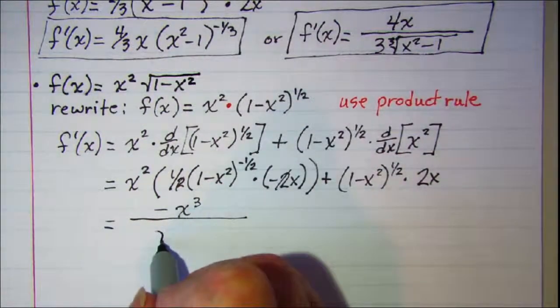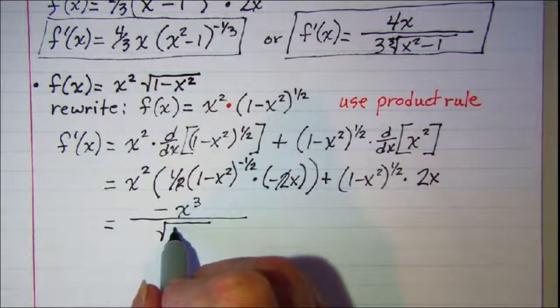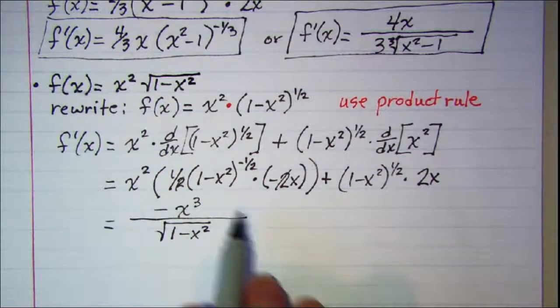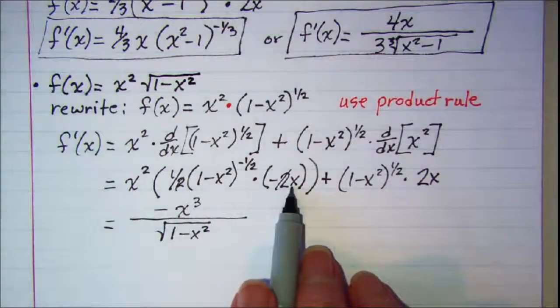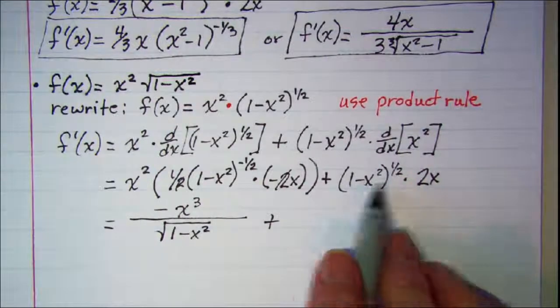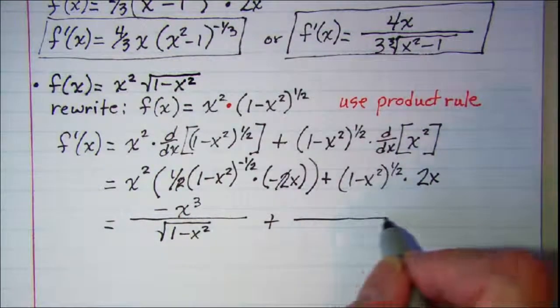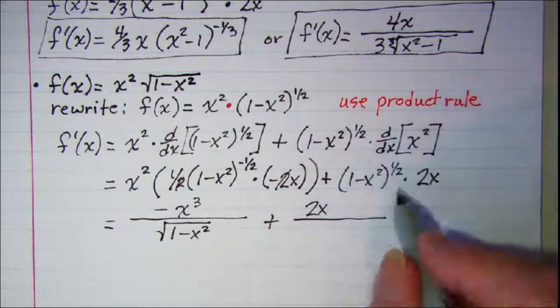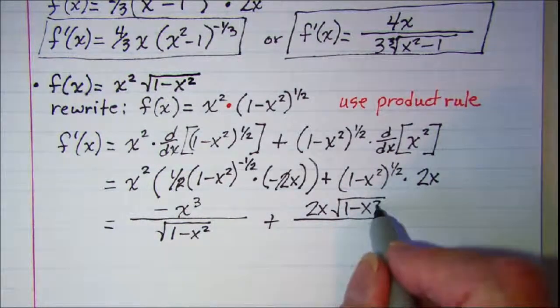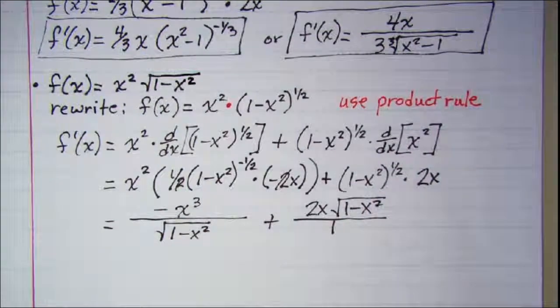Let me write it with a radical. So 1 minus x squared is the radicand on that, and that takes care of all those factors. And then plus, and this is all in the numerator, so I have a 2x times this radical, 1 minus x squared. I'll write that over 1.